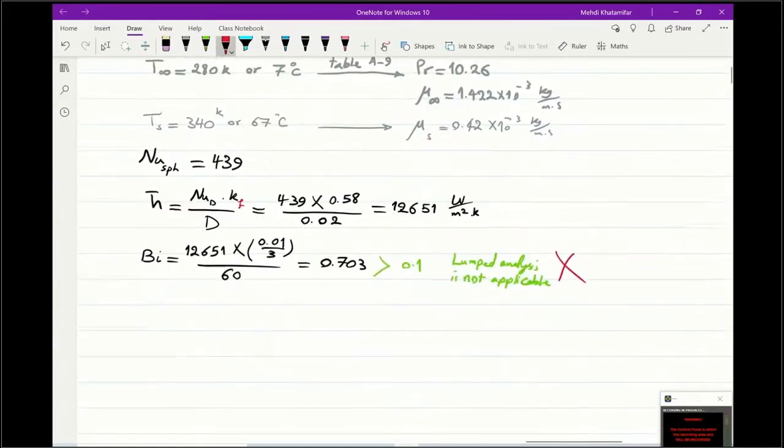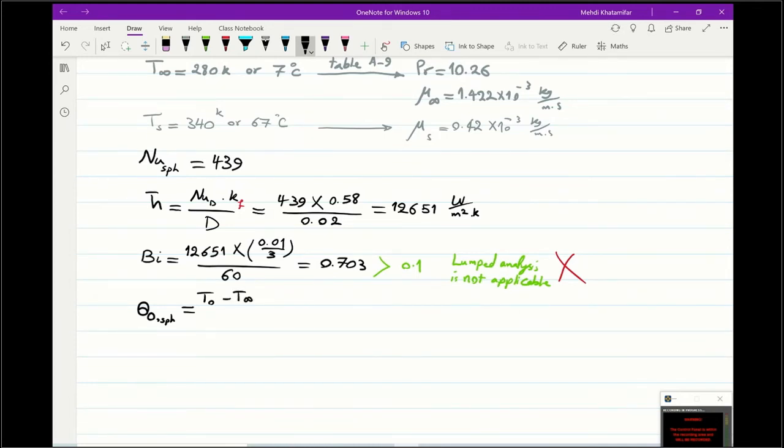Let's write the formula for a sphere at the center, which is T0 minus T infinity over Ti minus T infinity equals A1, this is a coefficient, e to the power negative lambda 1 squared times tau, which is the Fourier number.